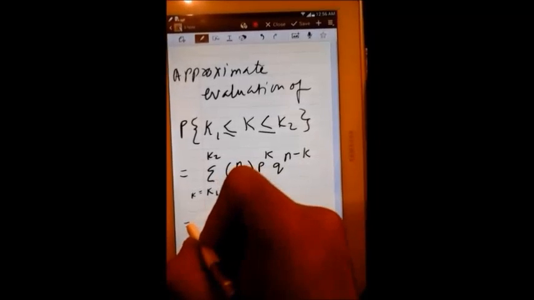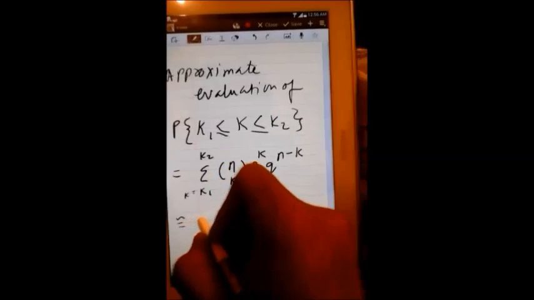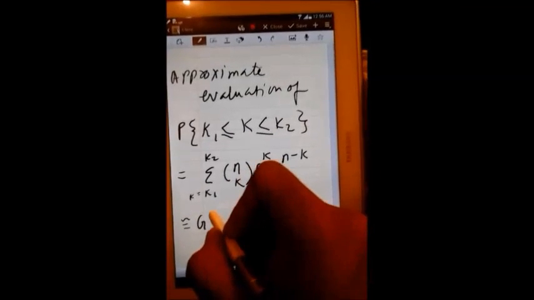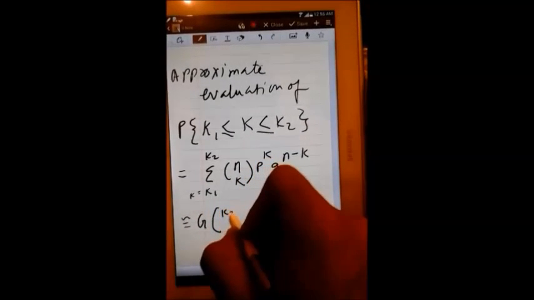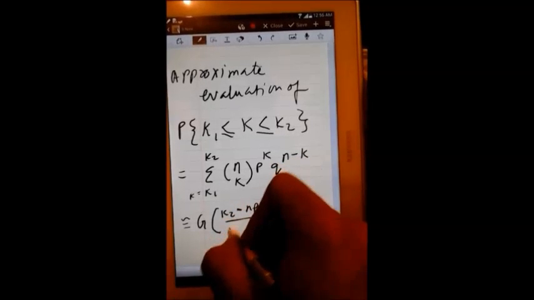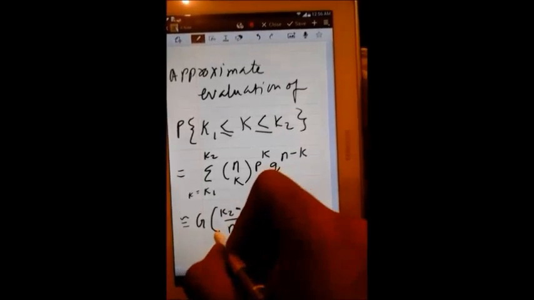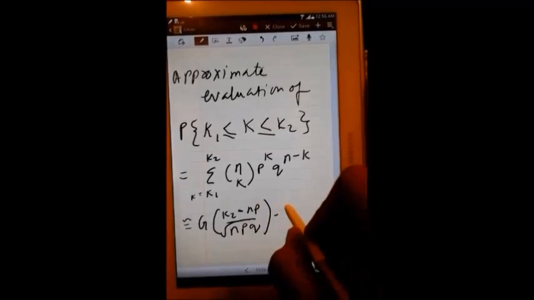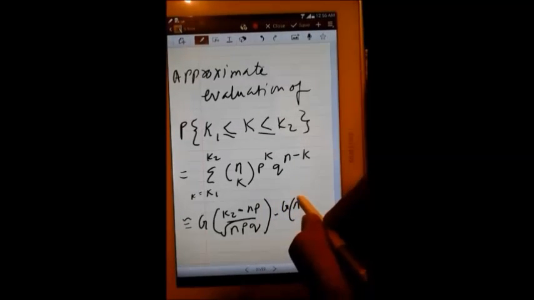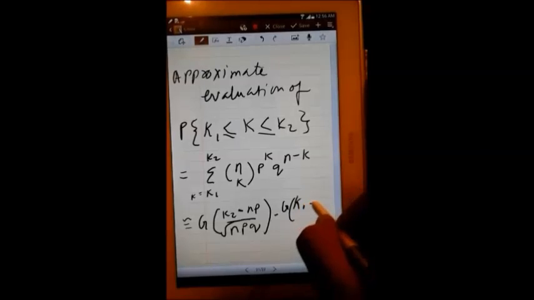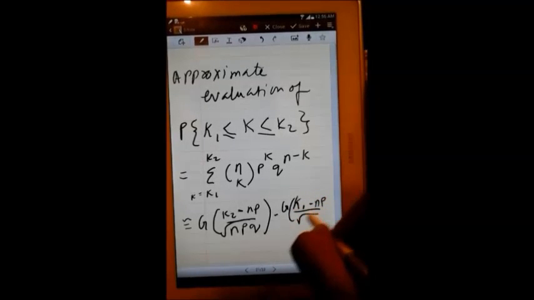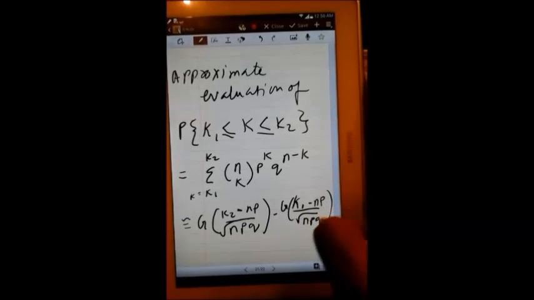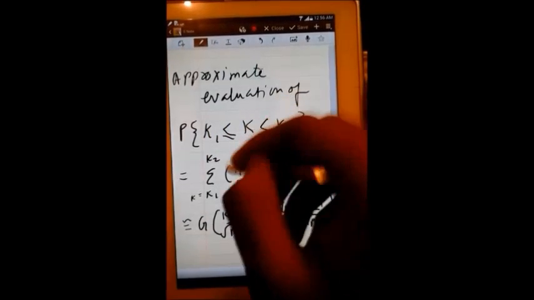It is approximately equal to g of (k2 minus np) upon under root npq, minus g of (k1 minus np) upon under root npq. This is the approximate evaluation when K is between K1 and K2.